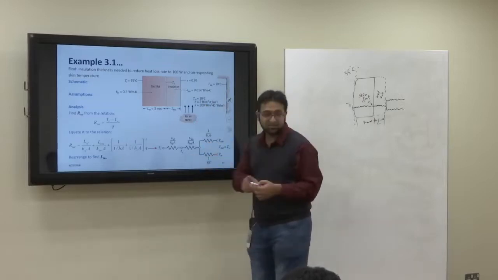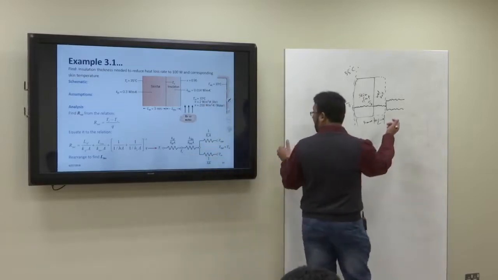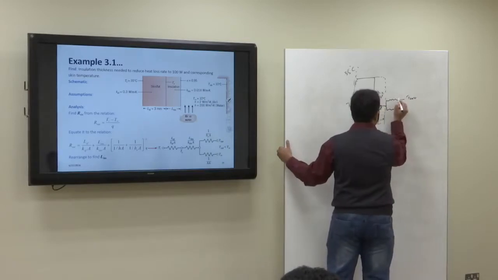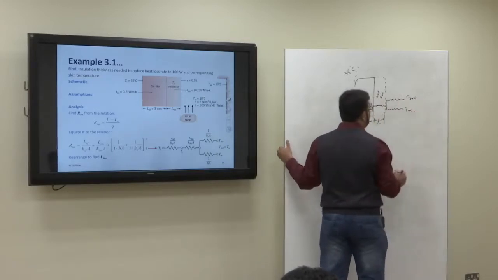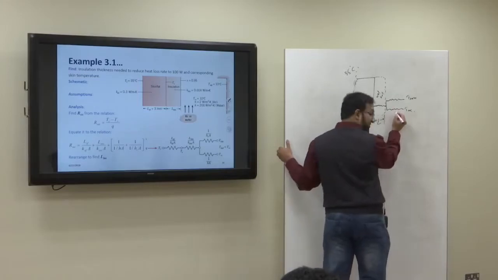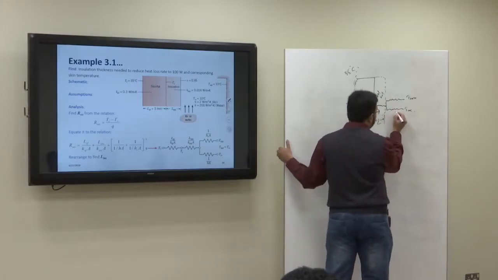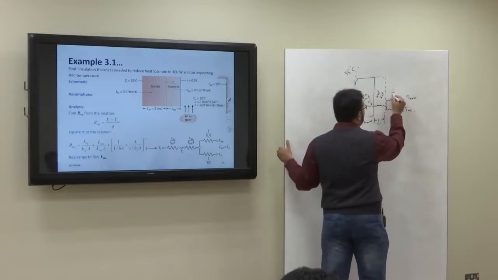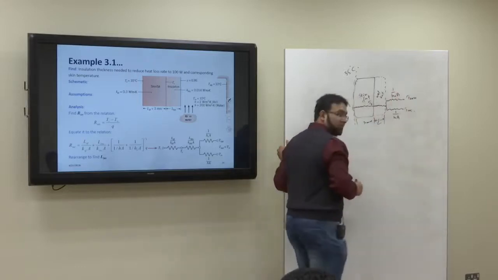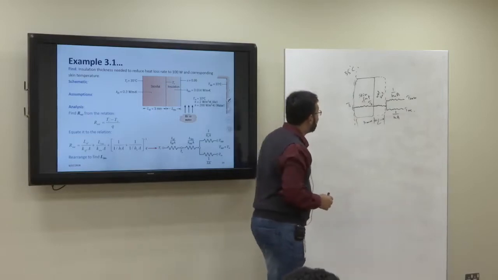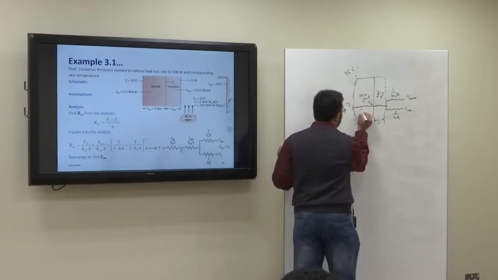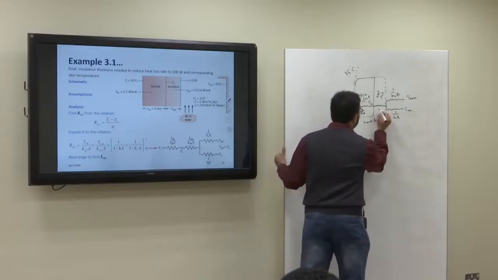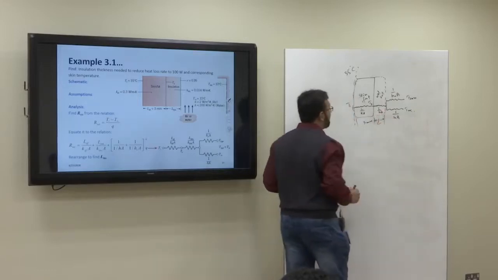Then this is your T surrounding, and this will be T infinity for convection. The convective resistance will be 1 upon hA, and the radiative one 1 upon hRA. And these should be L upon kA, and L upon kA.